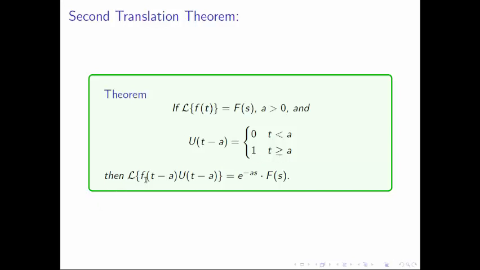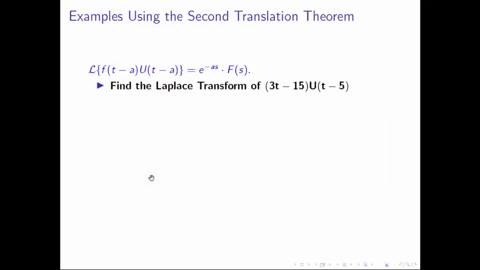The Laplace transform of the product of a function evaluated at t minus a times the unit step function at t minus a is equal to, you'll notice this is in terms of s, it's not the same as the last property we were looking at, but this is equal to e to the negative as times F of s. This comes from using the definition and substituting 0 in on this particular interval and 1 in on the interval indicated. So this is the second translation theorem.